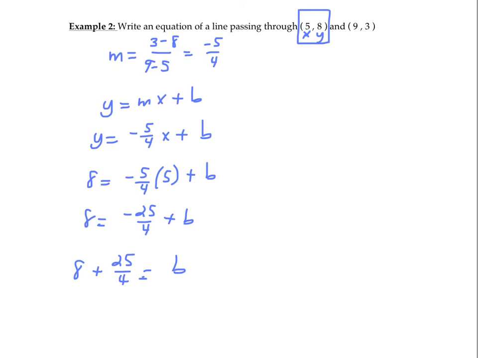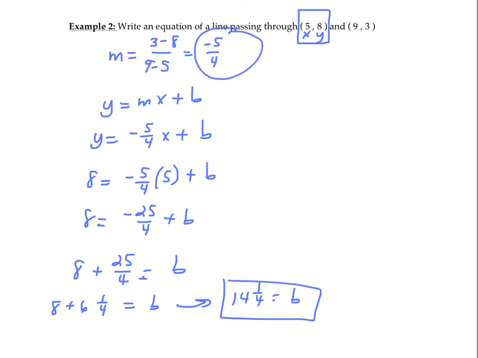So we can rewrite the 25/4 as 6 1/4. This is one possibility. And then you can combine those together and you get 14 1/4 for the value of the y-intercept. Okay, final equation, pull in the slope and the y-intercept, we get y equals negative 5/4 times x plus 14 1/4.